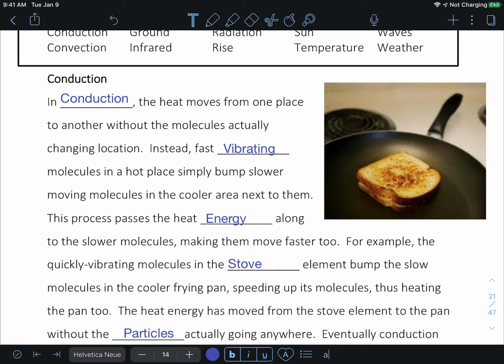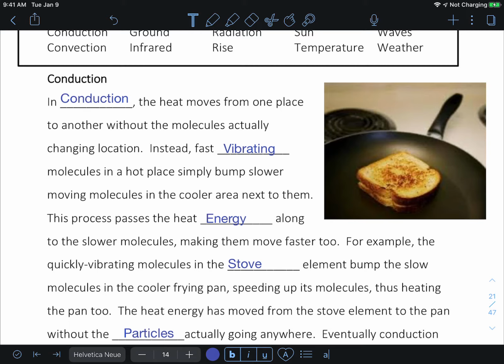So for example, quickly moving molecules in the stove element will bump the slow moving molecules in the cooler frying pan. That speeds up the molecules in the frying pan, and so the frying pan becomes hot as well. That heat energy can even be transferred to the bread that you put on top of it.